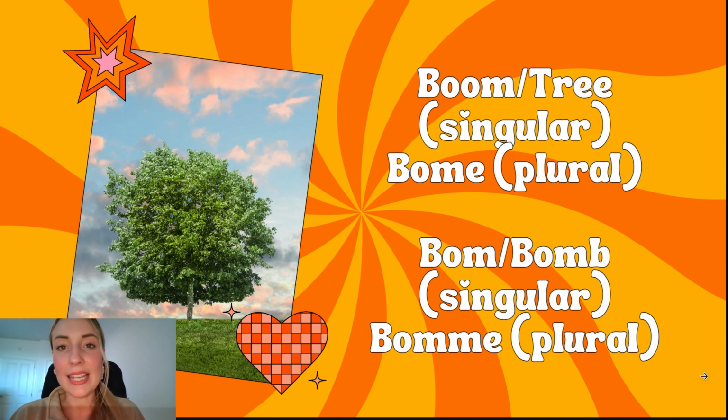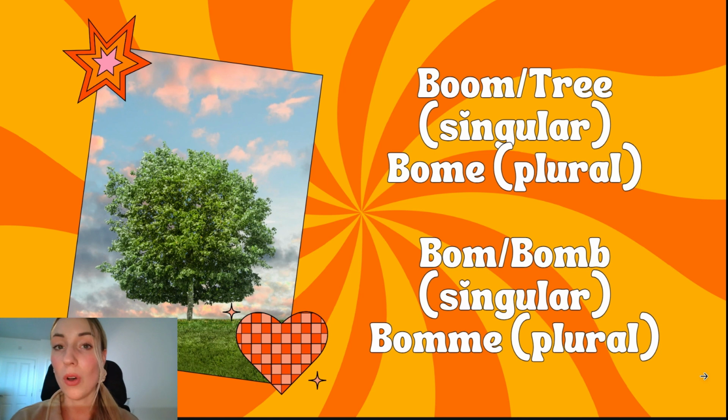As you can see, we have a little tree here, and that's relevant to our first word at the top, boom, which means tree. That is the singular form of tree, boom. Underneath that, we have the plural form of tree in Afrikaans, bome. Not boom, which might be your natural instinct to say, bome.